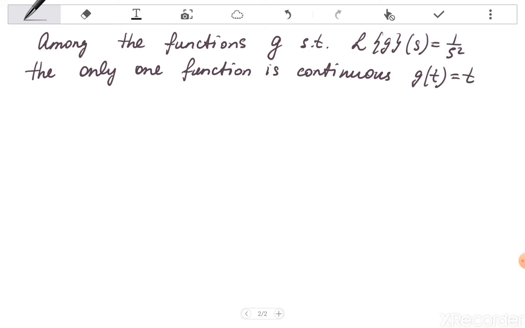And this continuous function we will call the inverse Laplace transform.